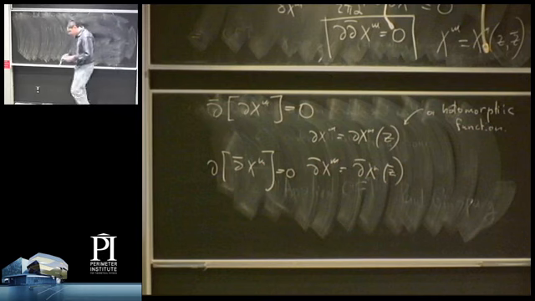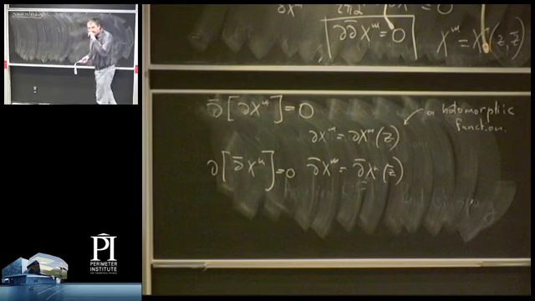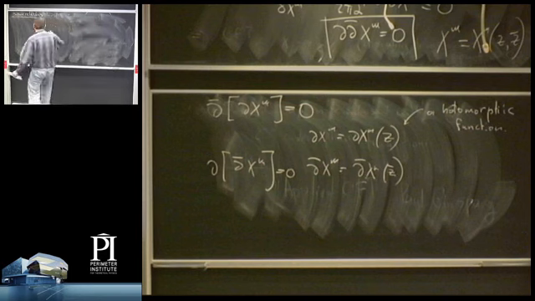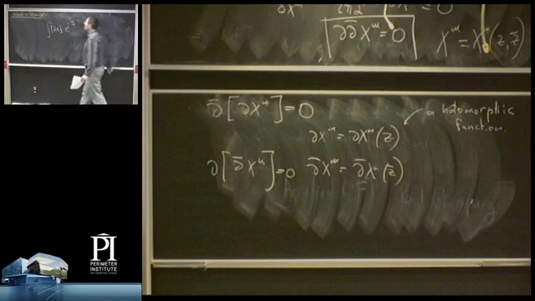Okay, so let me remind you of some useful relations in the Euclidean path integral. A path integral is an integral over fields, so I have an integral over the fields dX, with the action, e to the minus S. That's the partition function of my system.